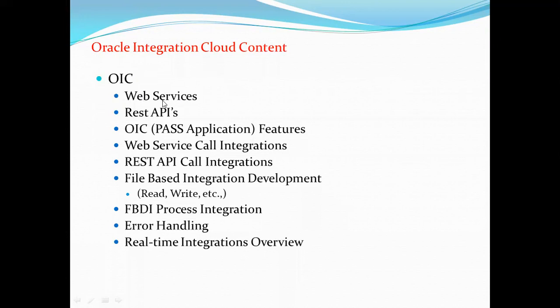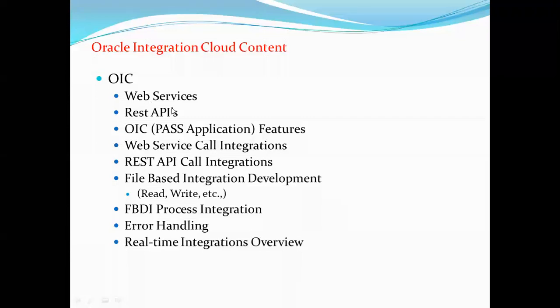Okay, let's assume, for example, a Siemens system is creating an AR transaction. When they save their work in the Siemens system, immediately the same AR transaction has to be created in our Oracle system. That is the requirement. How do we fulfill it? The OIC application has the capability to connect to our source system, and we develop integrations using these web services to create AR invoices in our Fusion application using web services and REST APIs.